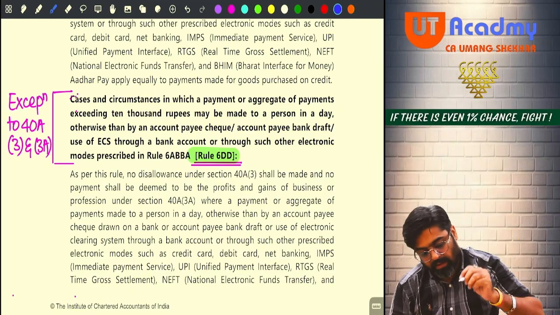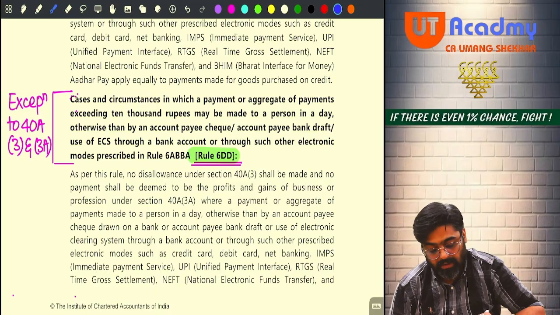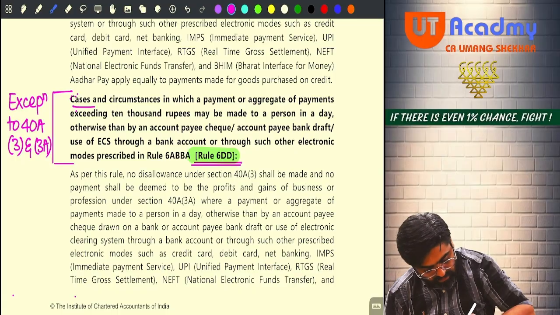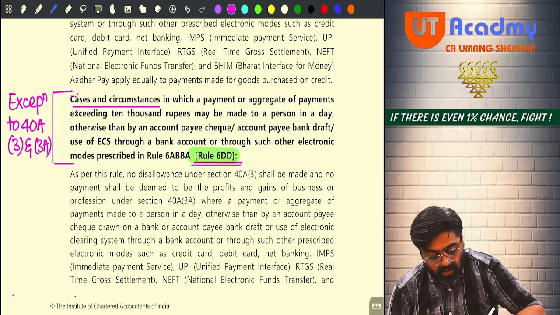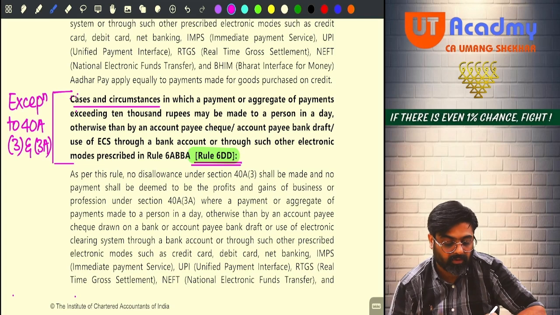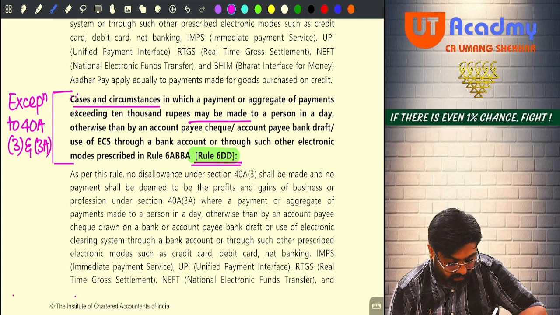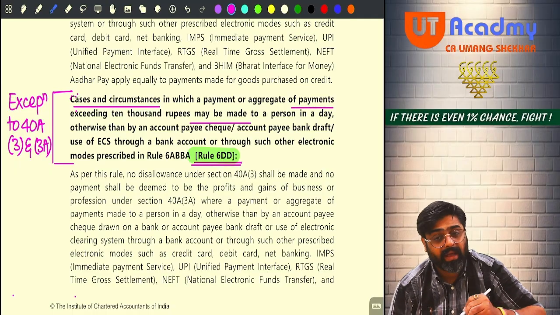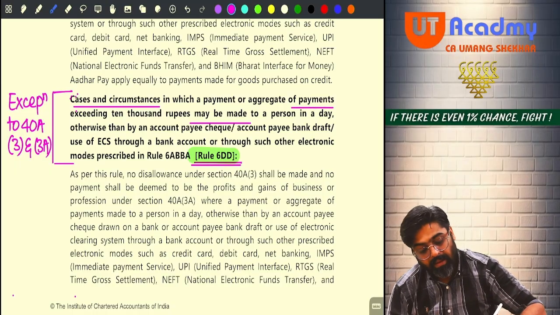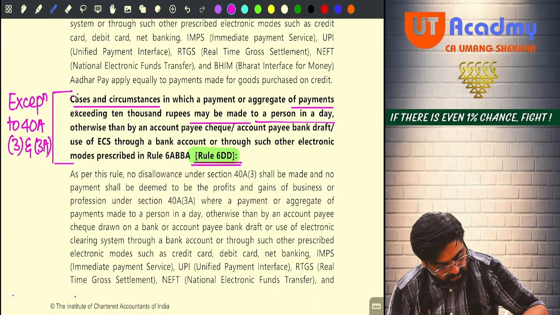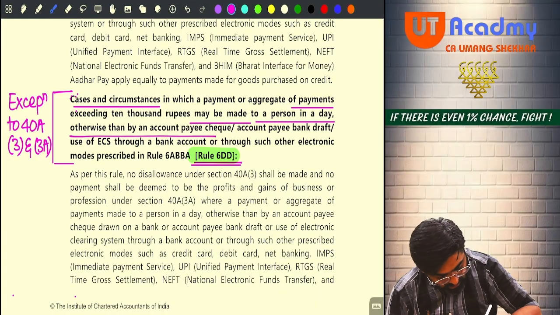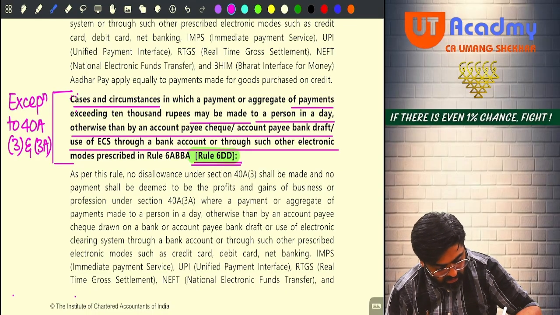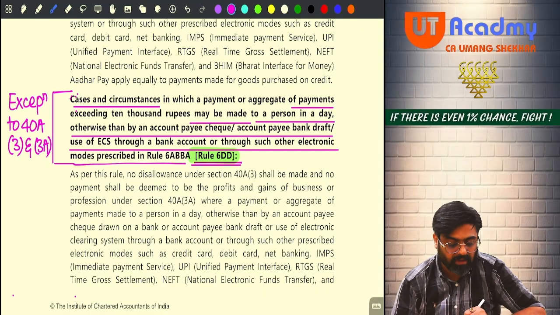What are they saying? Cases and circumstances in which payment or aggregate of payments exceeding 10,000 may be made to a person in a day, otherwise than by account payee cheque, account payee draft, ECS, through a bank account or through such other electronic modes prescribed in Rule 6ABBA.